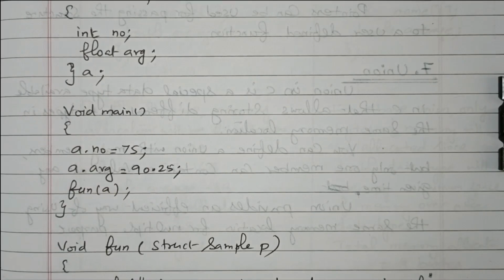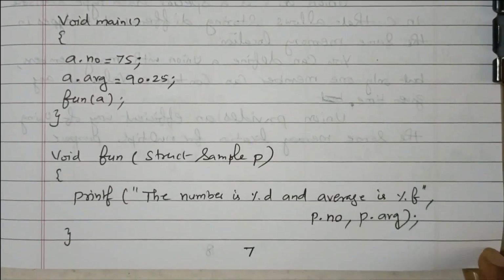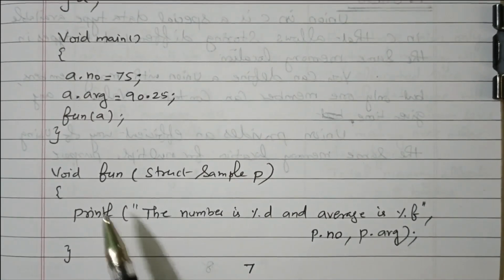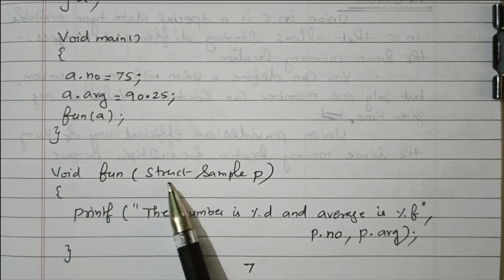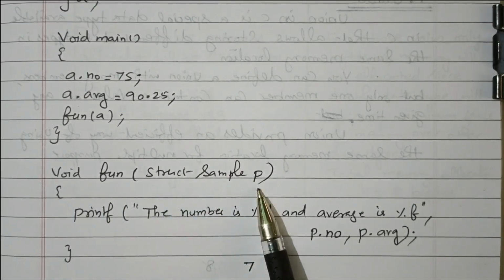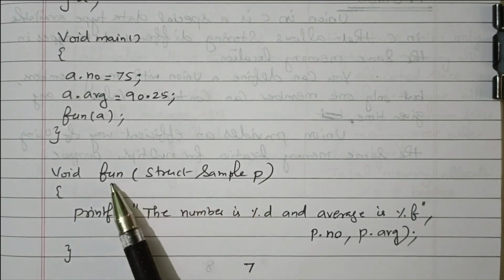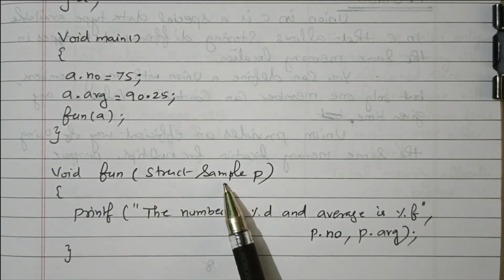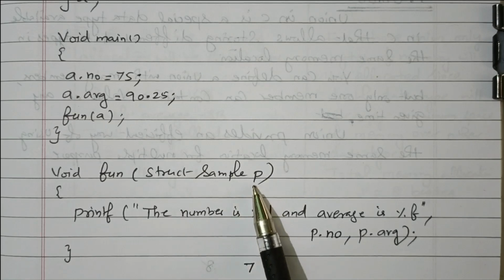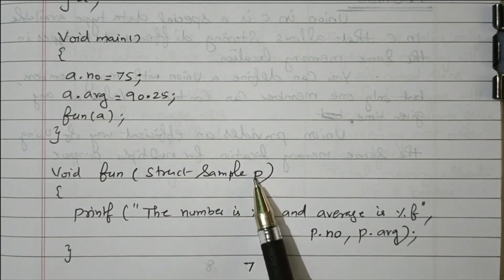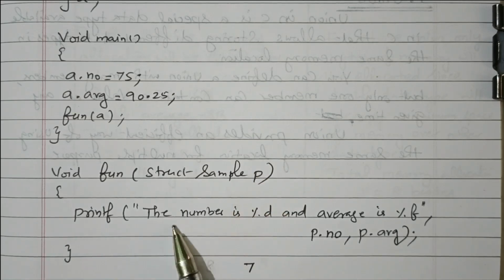Right. Now what will happen inside the program? Inside the function, void fun(struct sample p). So this is the keyword, fun is the function name, and sample is the structure name. p is created here. printf, the number is %d, average is %f, p dot number, p dot average, right?